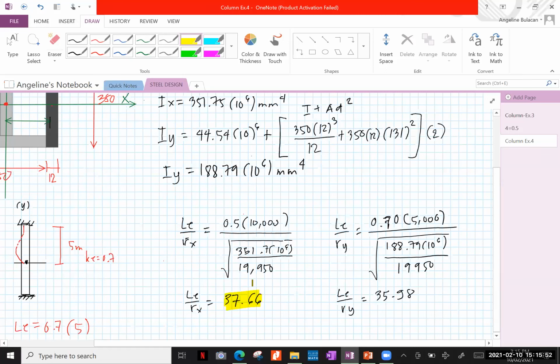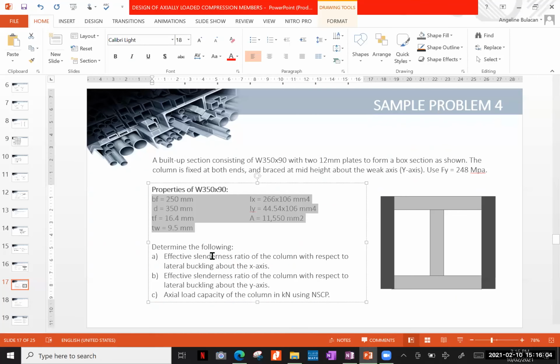Yan. So, after getting your LE over RX, ito na yung question. Tama? Ito ba yung tanong? Check natin. Tanong, effective slenderness ratio with respect to buckling at X. So, nakuha na natin. Effective slenderness ratio with respect to Y. Nakuha din natin. Next will be the axial load.